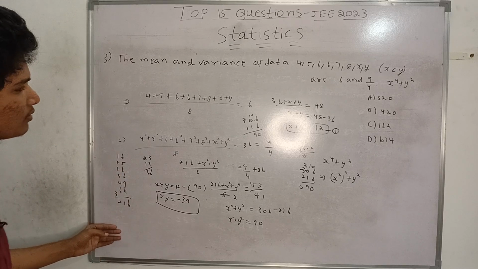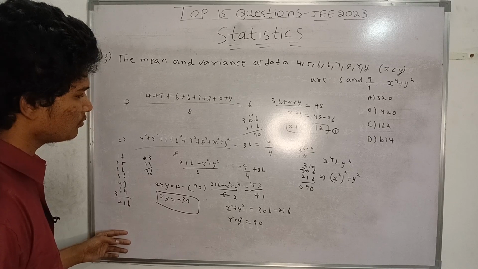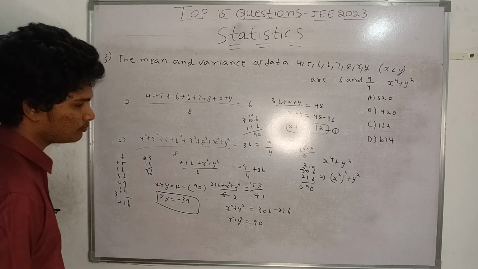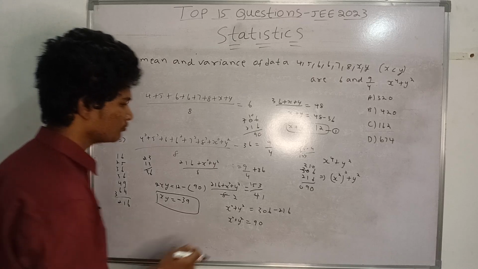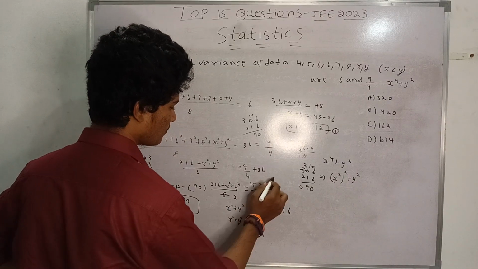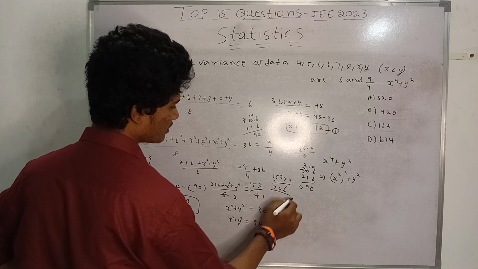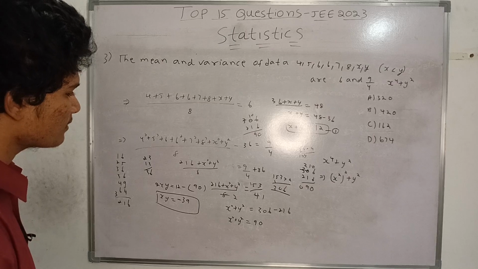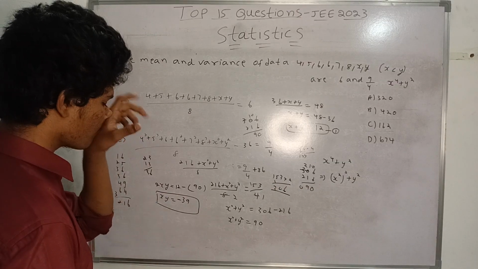So the sum is correct here. And here also we did the calculation correctly. 4 ones, 4 twos, and 153 twos, it is 306 only. Yes, it is correct. And for the squares we got 90.